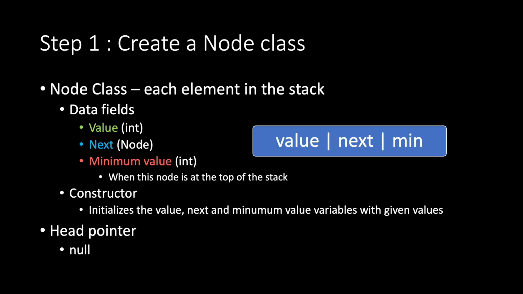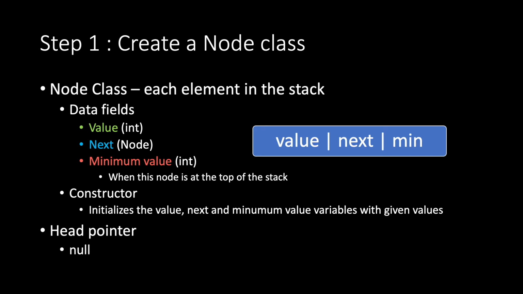So step 1, create a node class. This node class, or the object, will represent each element in the stack, and it's going to have 3 data fields. It's going to have the current value, and a pointer to the next node, which you can also say is below the current node. And we also have the minimum value.